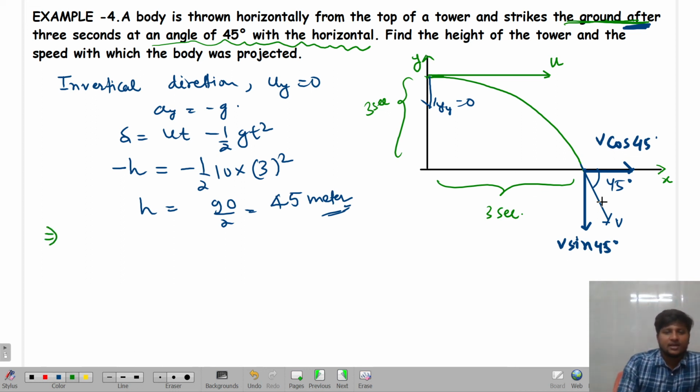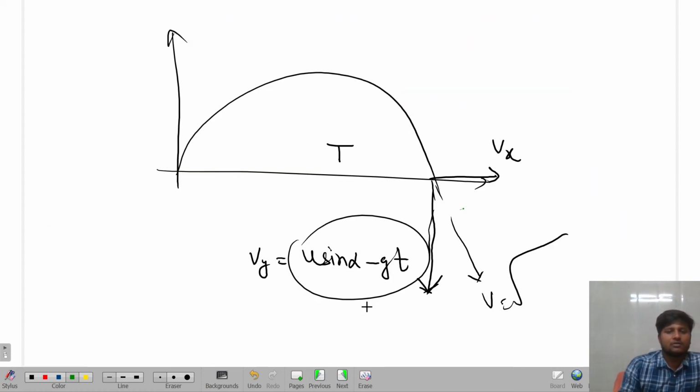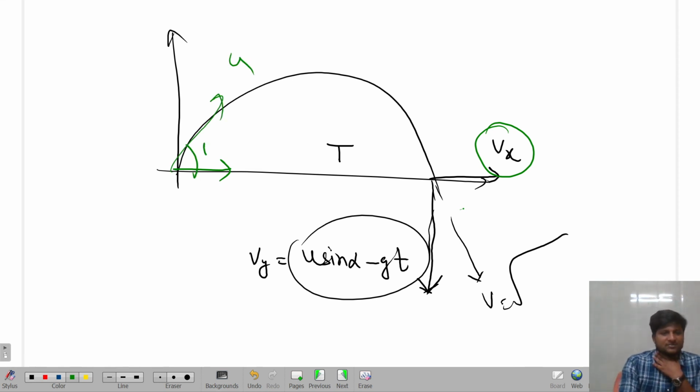Now next thing, you know that the resultant velocity makes 45 degrees with the horizontal. Previously I told you what you observe: the final velocity component in the horizontal direction equals the initial one. If the initial velocity is u thrown at angle theta, the initial horizontal velocity is u cos theta.